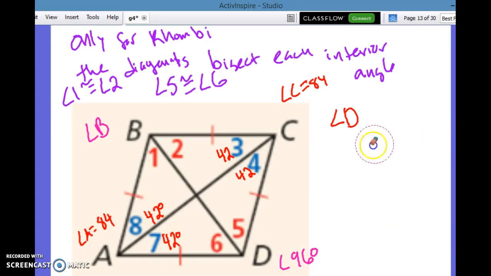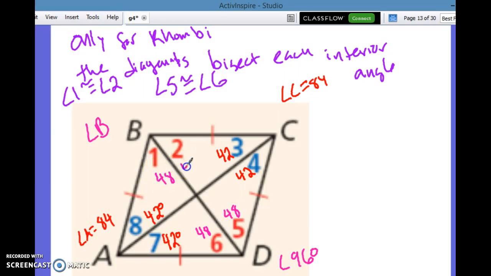So now that we have angle D, it should be pretty easy to find the measure of angle 5 and 6. If we know that 96 is this whole angle, and this diagonal splits it in half into two equal pieces, we know that each side is going to be what? 48? So 48, 48. And by the same properties, it's going to be the same thing for angle B.